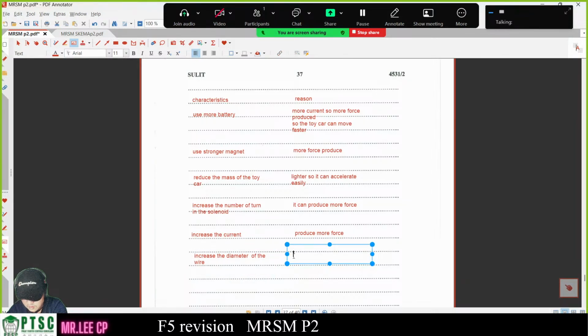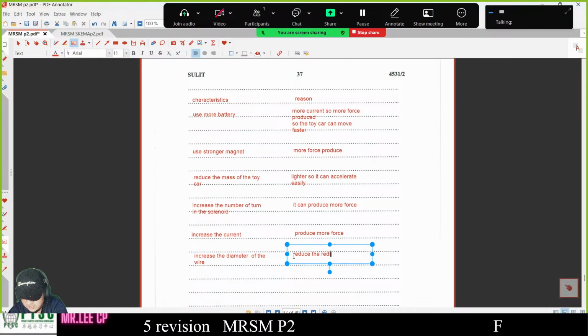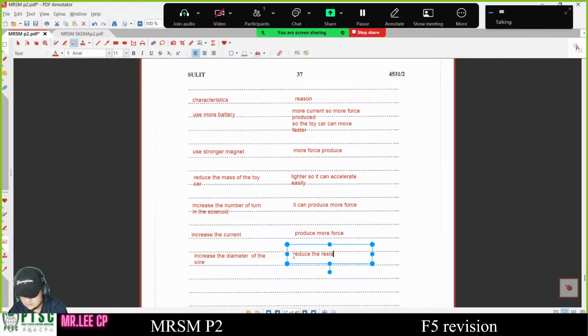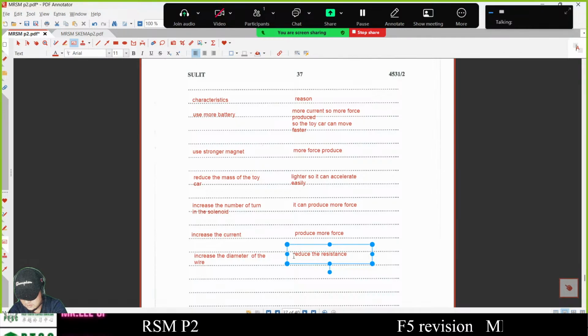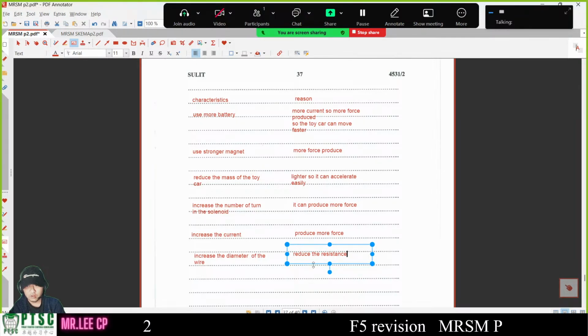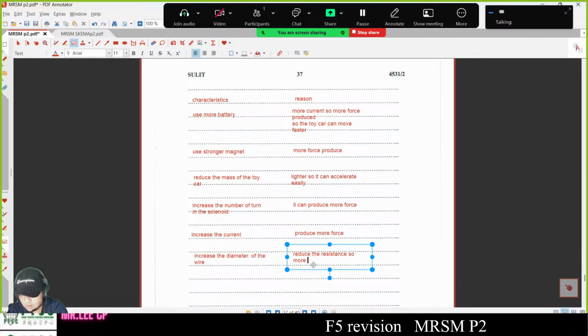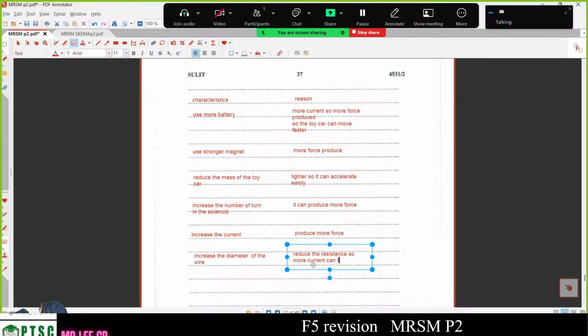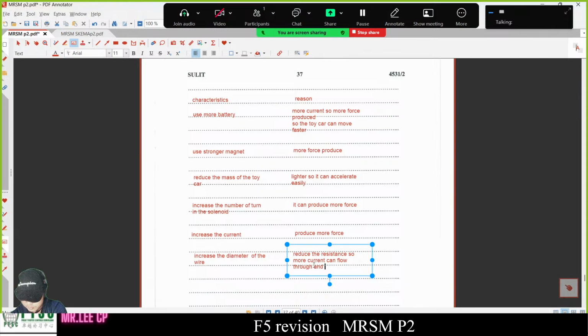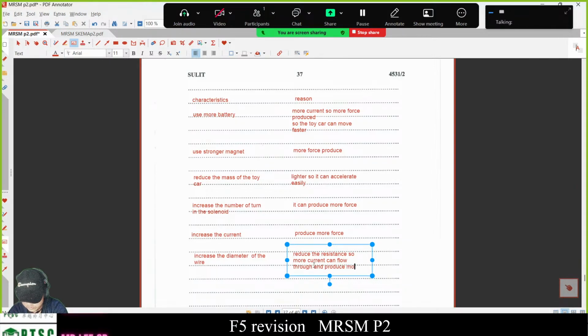Reduce the resistance, so more current can flow through, and produce more force.